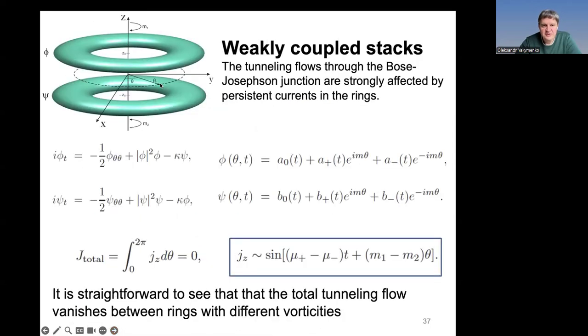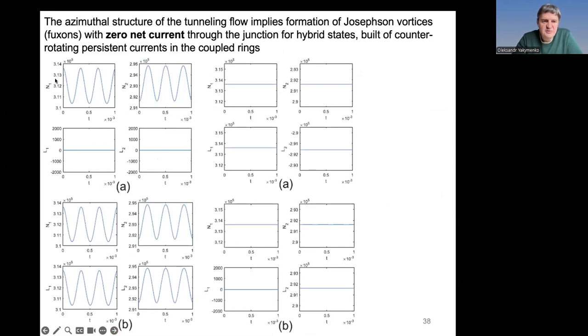If you have the split stacked ring system, you can get the Josephson oscillation that is shown here. For example, this is the number of atoms in one ring and the other ring. You can see these oscillations, but these oscillations disappear.